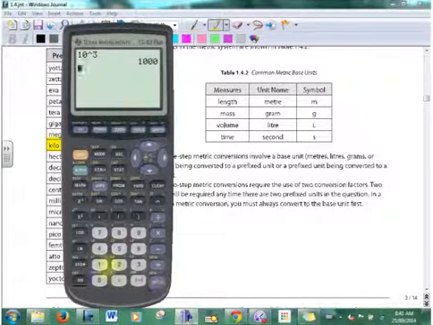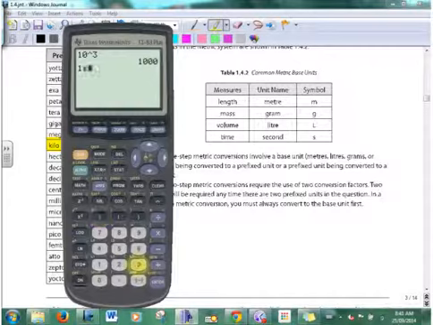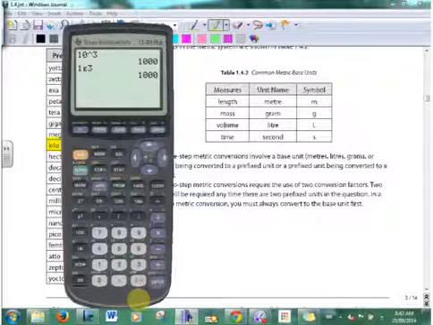It's 1,000, okay? 1 second function, you see that EE button there? There's another way to write 10 to the power of 3. 1 times 10 to the power of 3. Okay? The exponent of 3. 1,000.